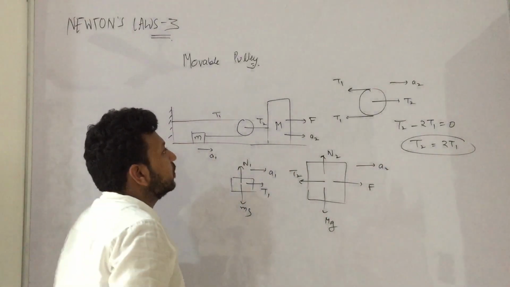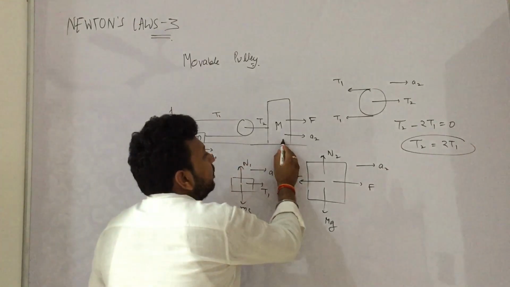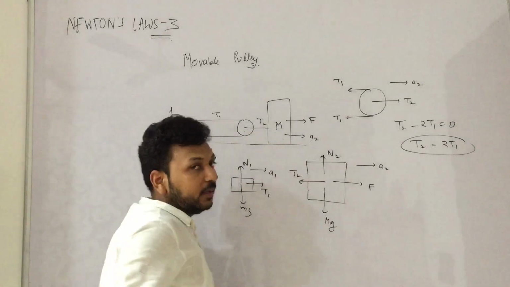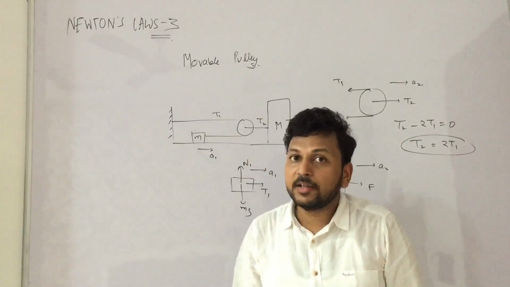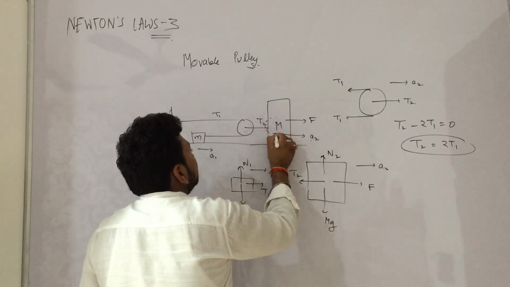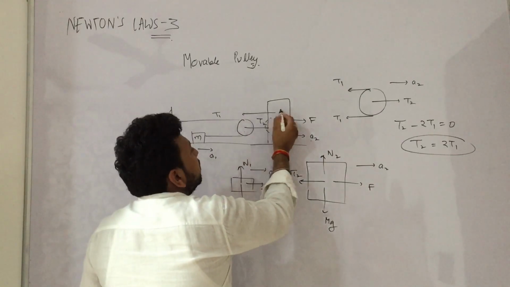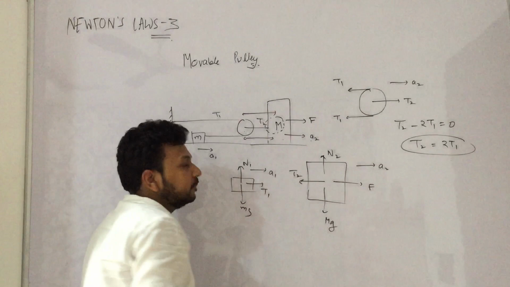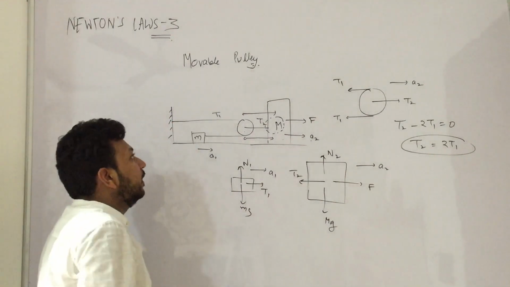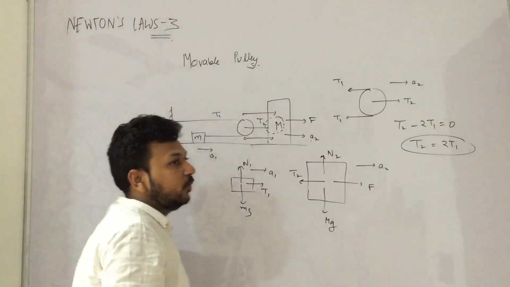Talking about acceleration. See, if I move this block 1 meter ahead, this pulley will also move by 1 meter because it is directly attached to the mass. If it moves by 1 meter here, we need 1 meter of string here and 1 meter of string here. But this point is fixed, it will not give any string. So this mass has to move by 2 meters to cover it up.